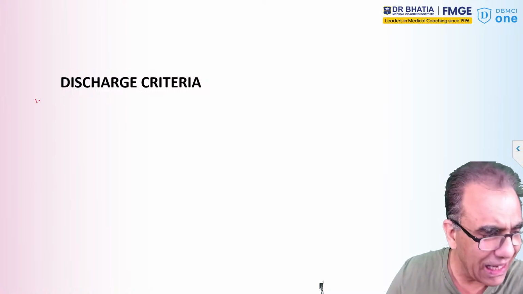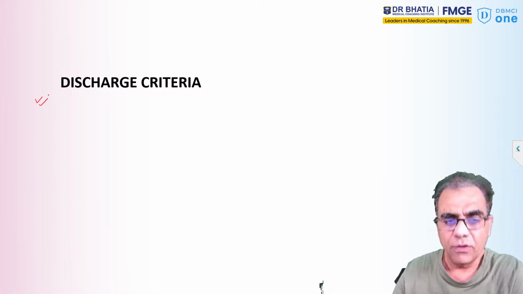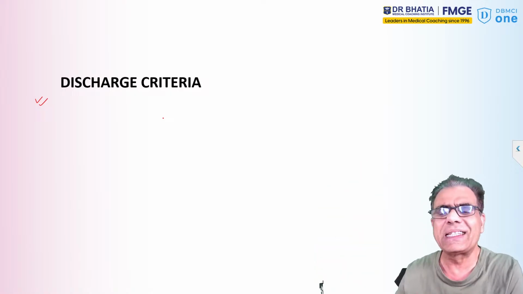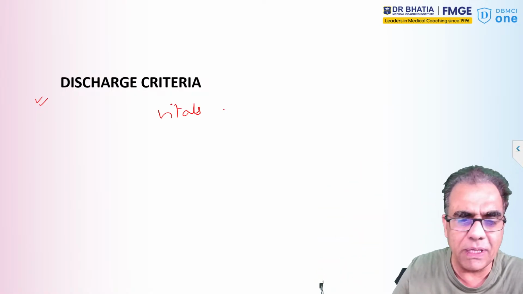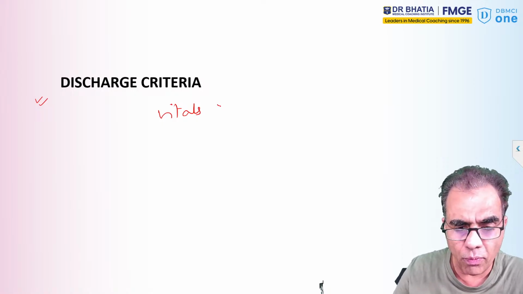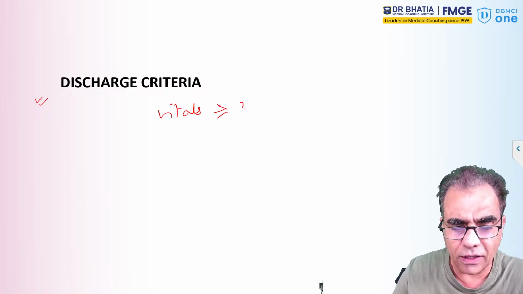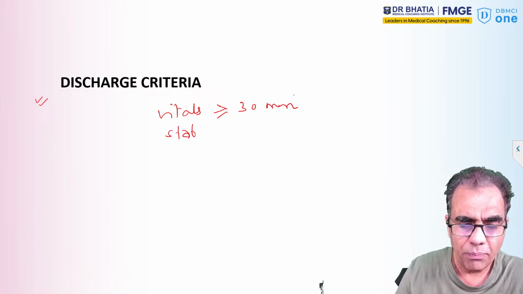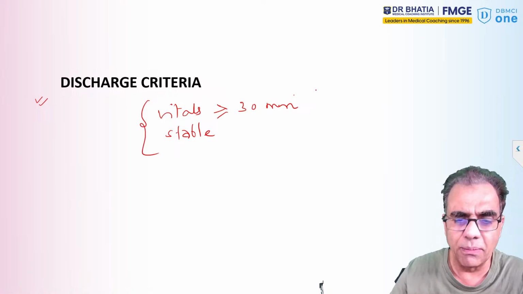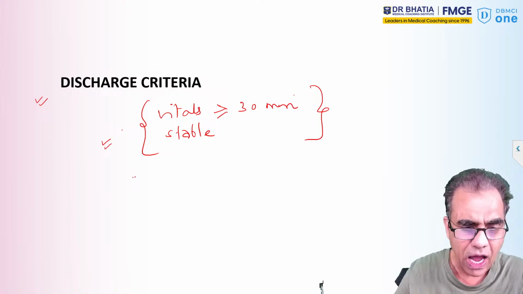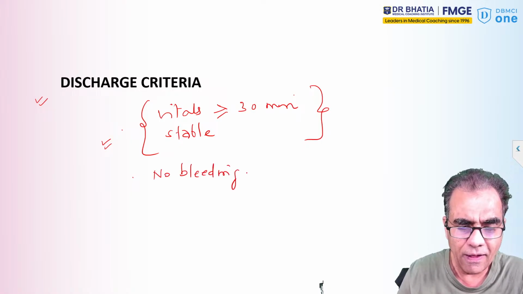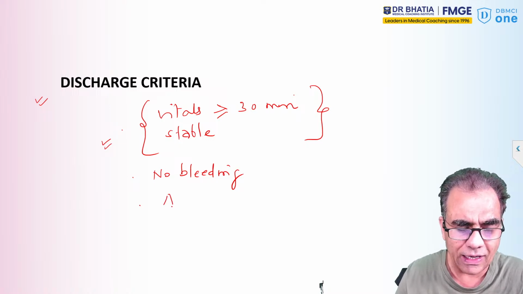Now, the other criteria is the discharge criteria. There are many discharge criteria, but vitals must be stable for more than 30 minutes. Continuously, vitals should be stable for more than 30 minutes, and only then can you discharge the patient. And of course, needless to say, there should not be any bleeding and there should be an attendant.